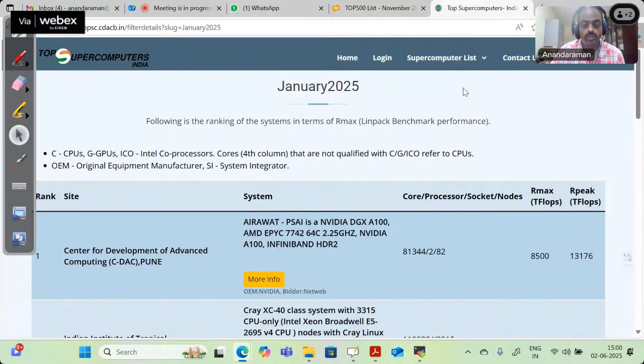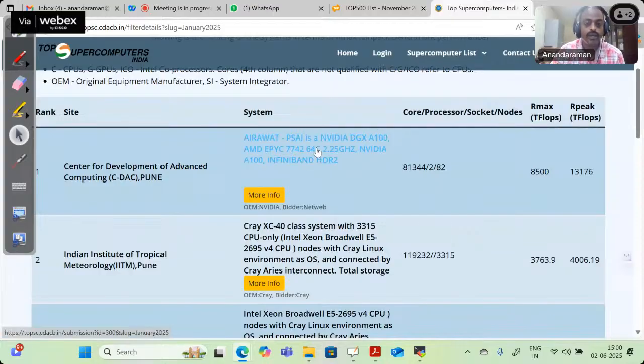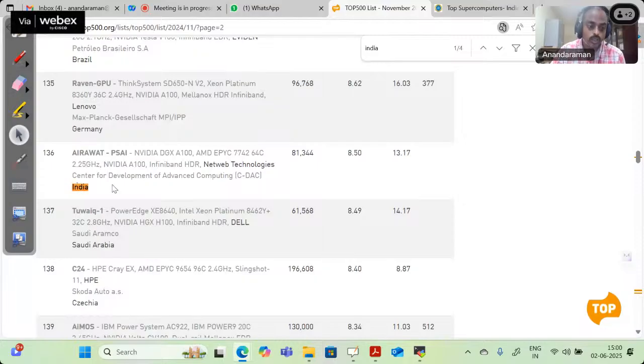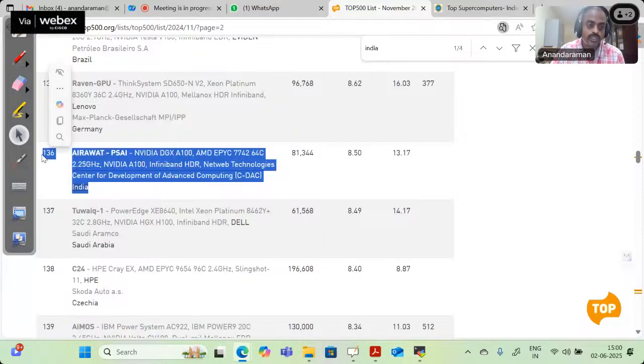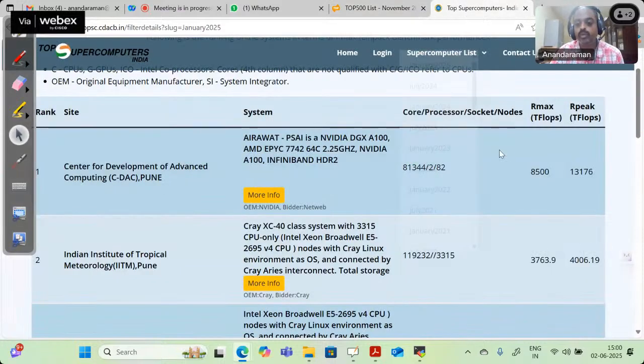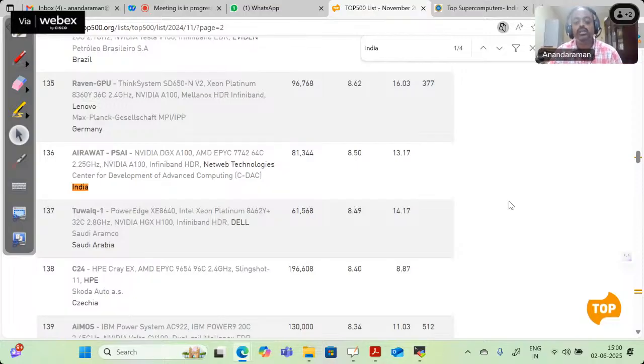In January 2025, CDAC Pune's Airavat is number one. And in the global list, we are at 136, same machine. The 8.5 and 13.17 are mentioned in terms of teraflops, so you can divide by 1000. So in India it is number one, and in the global list it is in the 136th position.